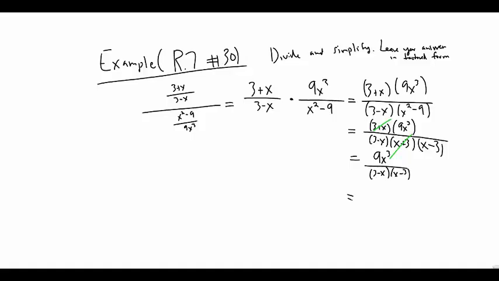And let's write this. See, 3 minus x is the same as the negative of x minus 3. We can factor minus 1 out. So we will substitute that in for 3 minus x in our problem.